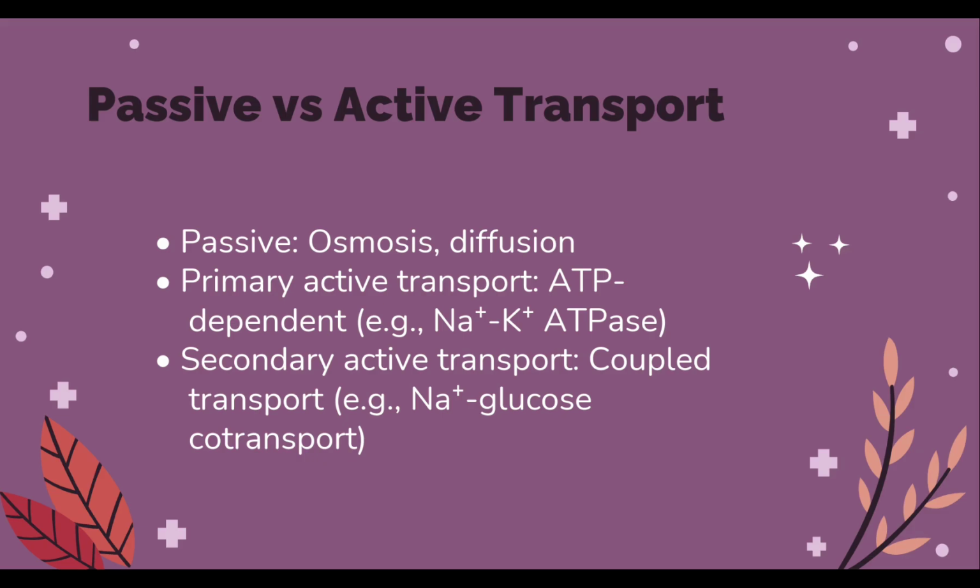In primary active transport, the transport is directly related to an energy source. In secondary active transport, the transport is indirectly related to an energy source. In passive transport, there is no energy expenditure. Examples are osmosis and diffusion.